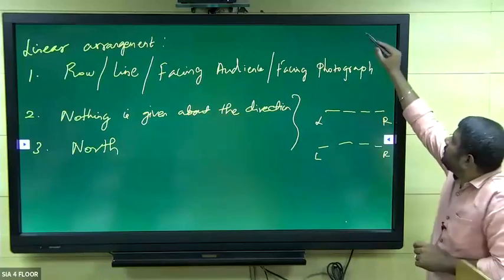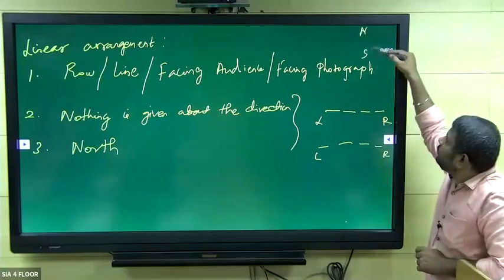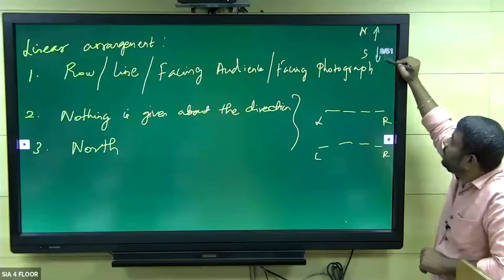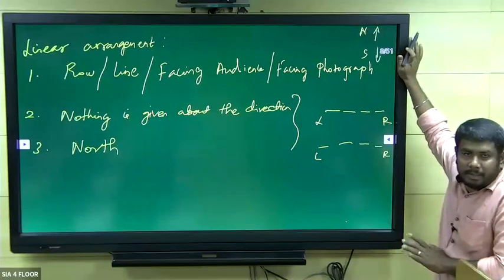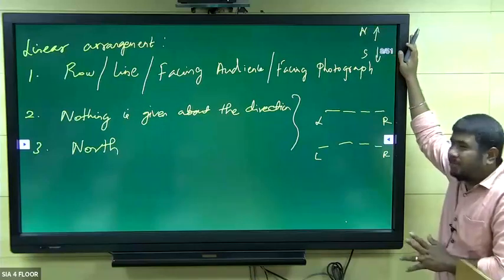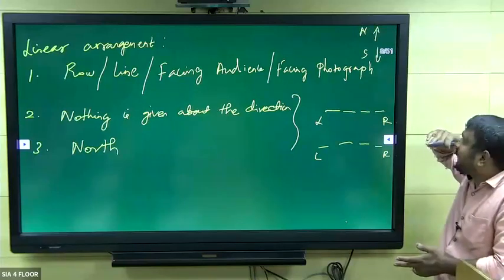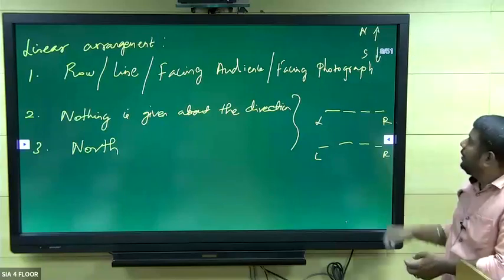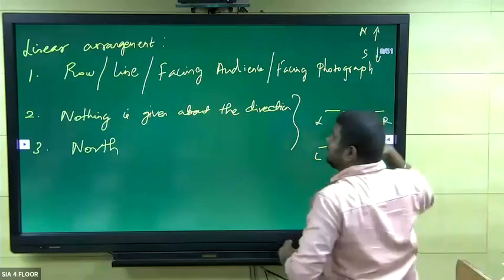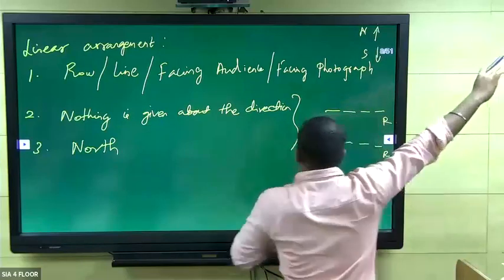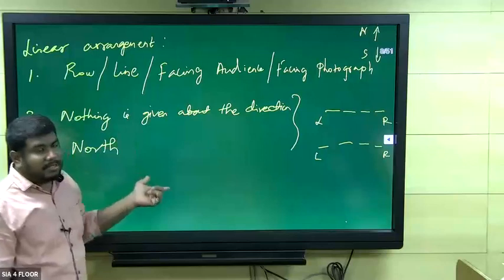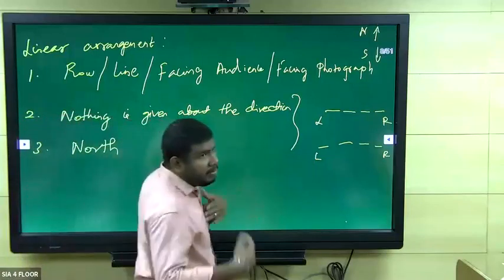Always north and south are like this: this direction is north and this direction is south. We studied this in our school days. Up direction is north and down direction is south. So for nothing and for north, we need to assume our own direction.